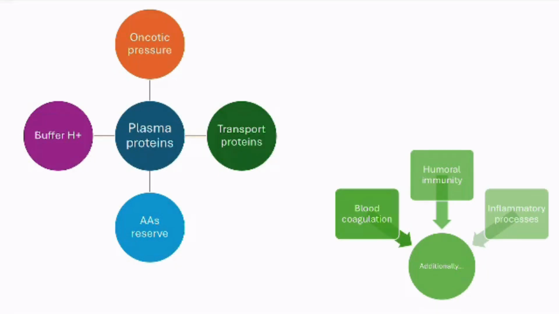Blood coagulation, for example: clotting factors such as fibrinogen help us prevent excessive blood loss. Then there is humoral immunity, in the form of antibodies from plasma cells, which bind antigens and mark them. And then we also have inflammatory processes, like the acute phase proteins that are generated during an inflammation.